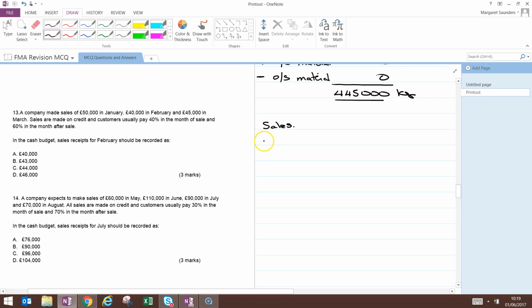So we know that our sales in January are £50,000. In February, they are £40,000. And in March, they are £45,000. So those are our sales.